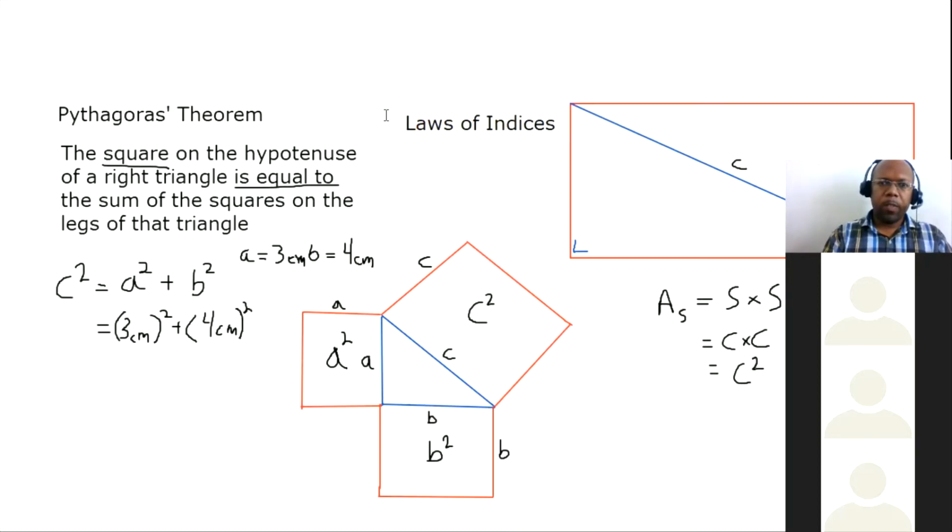And the laws of indices, there's several of them. These are the ones that we're going to use today. We're going to use this one here, where we have a number raised to a power. Okay, a number raised to a power.